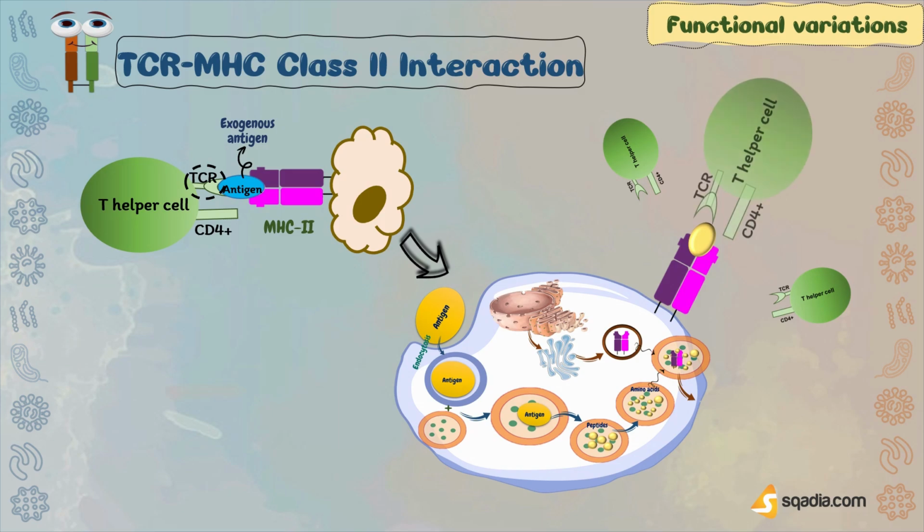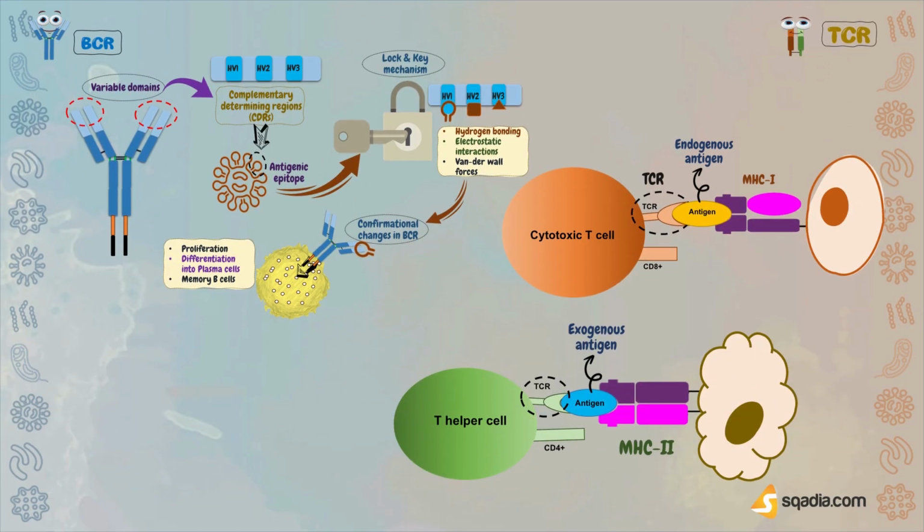And when this antigen MHC2 complex encounters the TCRs found on helper T cells, they initiate a signaling cascade, leading to the activation of the helper T cell and the initiation of immune responses, such as the activation of B cells and further cytotoxic T cells. So, that's how TCRs interact with MHC class II molecules.